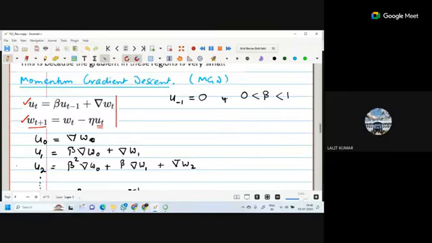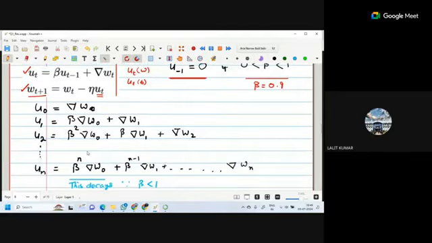Remember, this u_t is for both weight and bias. Initially we assign u_(-1) equal to 0. Beta is between 0 and 1, generally taken as 0.9.